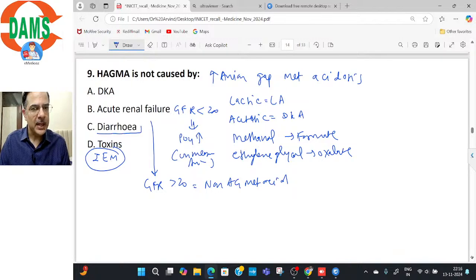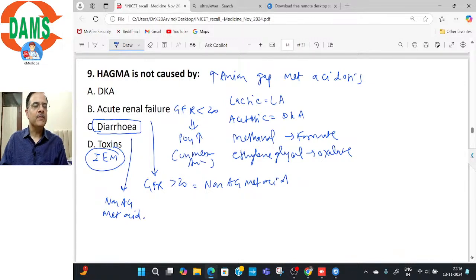While diarrhea, for all practical purposes, is a non-anion gap metabolic acidosis, mainly because of bicarbonate loss. Diarrhea does not cause high anion gap. So all of these can cause high anion gap except diarrhea. Even if it is an inborn error, that will be high anion gap metabolic acidosis.